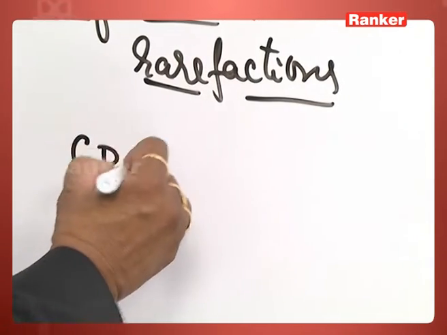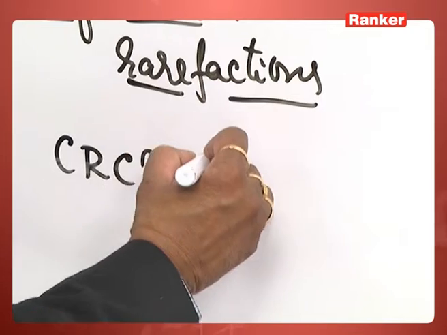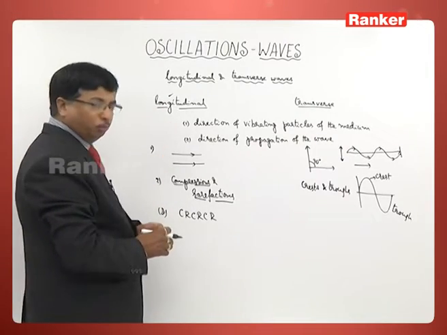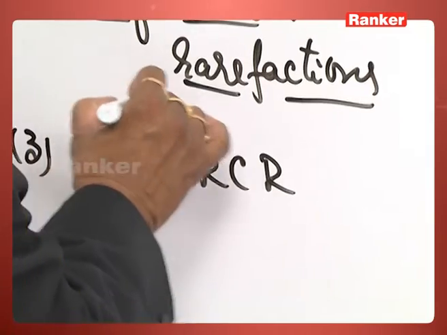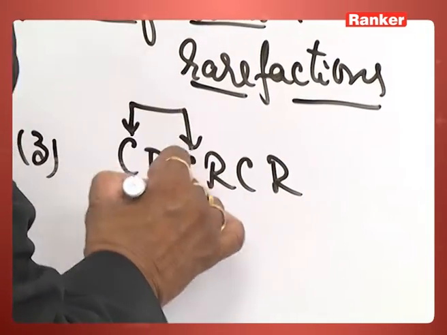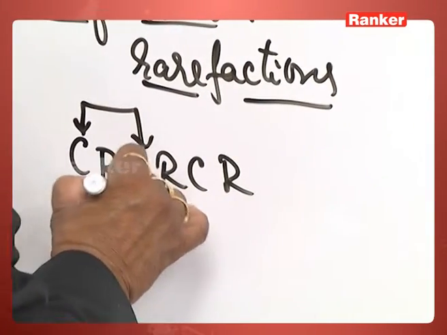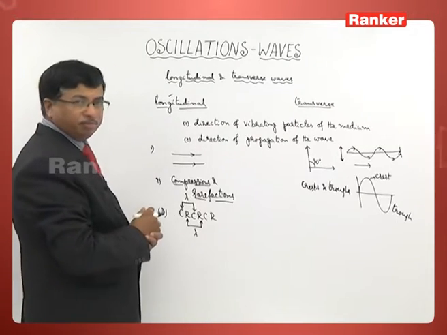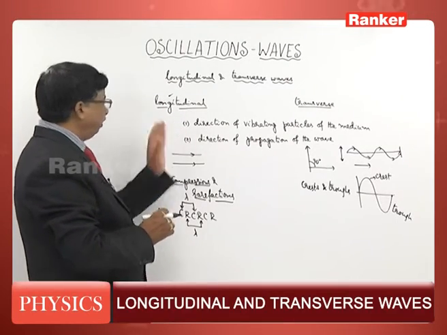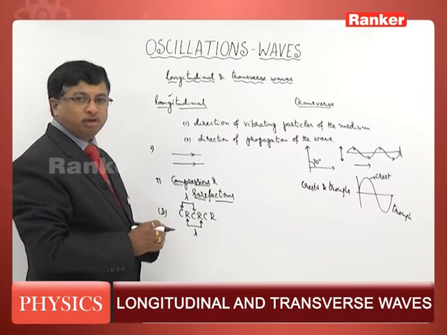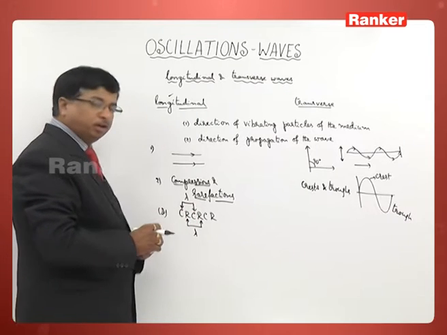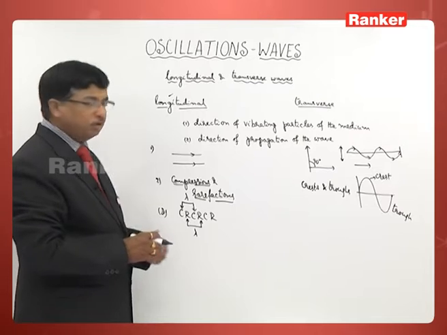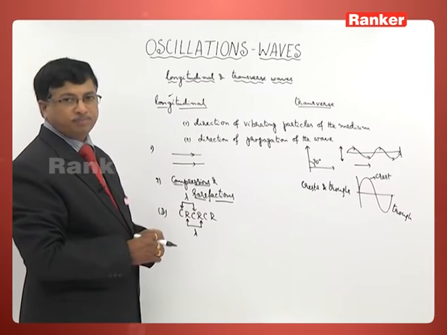Compression, rarefaction, like that, if I take them alternately in a longitudinal wave, then the distance between two successive compressions or two successive rarefactions we call the wavelength, lambda. So, the definition of wavelength as far as a longitudinal wave is concerned is the distance between two successive compressions or two successive rarefactions.